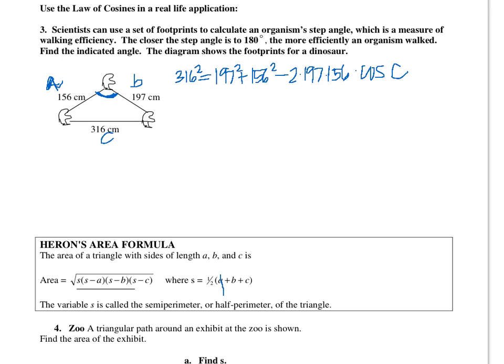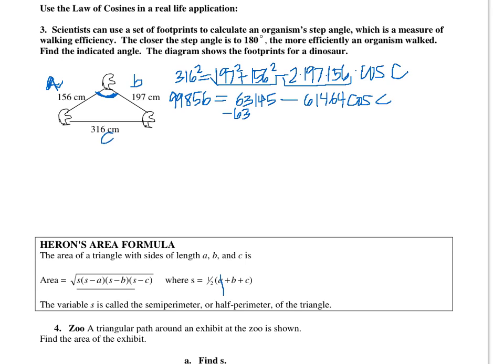All right, 316 squared is 99,856. 197 squared plus 156 squared is 63,145, minus 2 times 197 times 156, which is 61,464, times the cosine of C. Same process again.